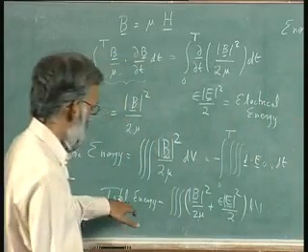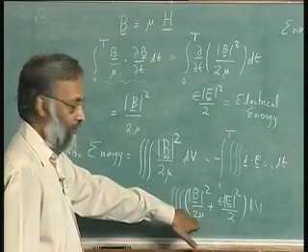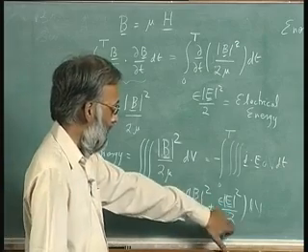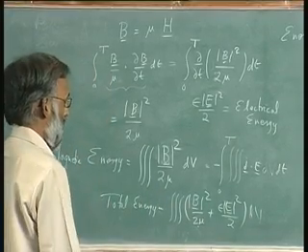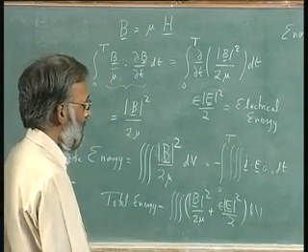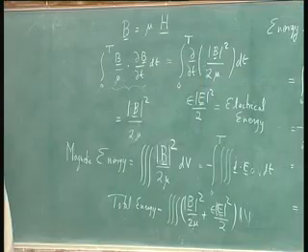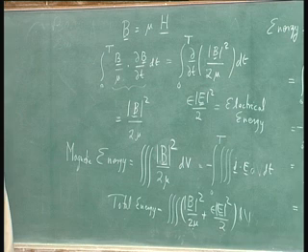So, you can see that the total energy is the sum of the energy in the magnetic field and the energy in the electric field. Okay. We have one more trick to learn about in the vector calculus techniques, but I will postpone that for now.